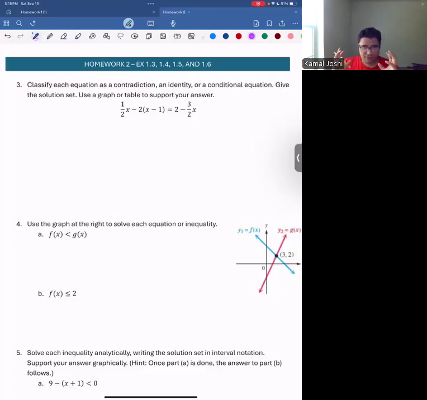If you get 0 equal to 0 or 2 equal to 2, the same expressions on both sides, then it is an identity. Otherwise, you will get a value of x, that is a conditional equation. Okay. And use a graph or table to support your answer. The logic is the same.